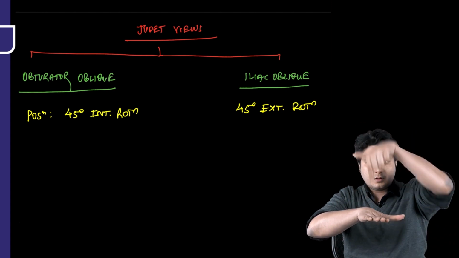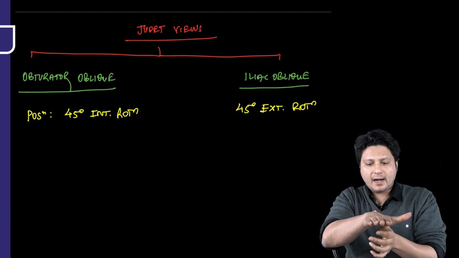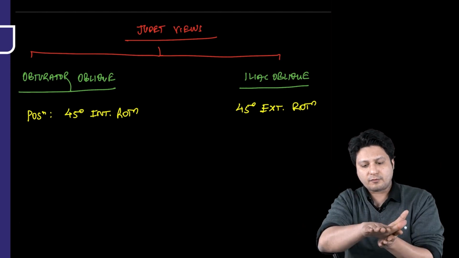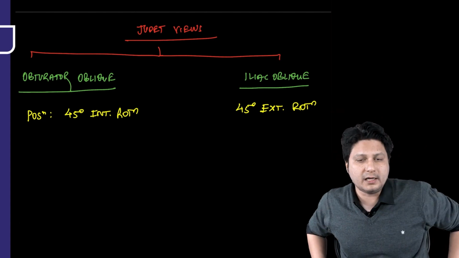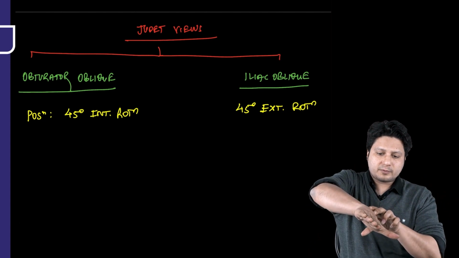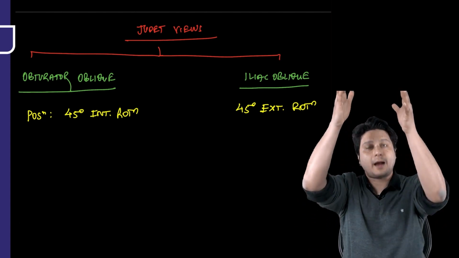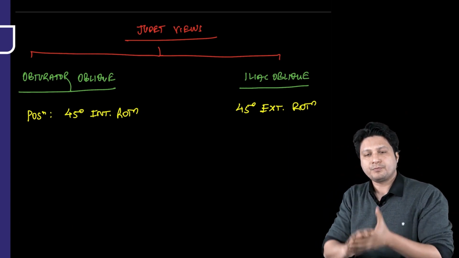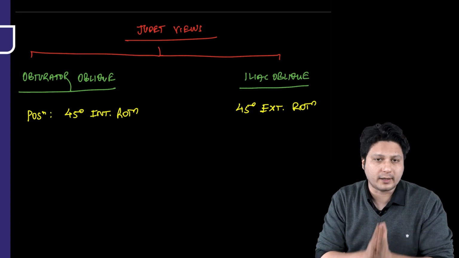So this is vertical projection of the beam. If the right hip is affected and the patient is inclined like this, where there is 45 degrees of external rotation of the affected hip and then a beam is projected, it will be an iliac oblique view. On the other hand, if the patient is shifted like this, where there is 45 degrees of internal rotation of the affected hip and then the same X-ray beam is projected, it will be obtained in 45 degrees of internal rotation, known by the name of obturator oblique.